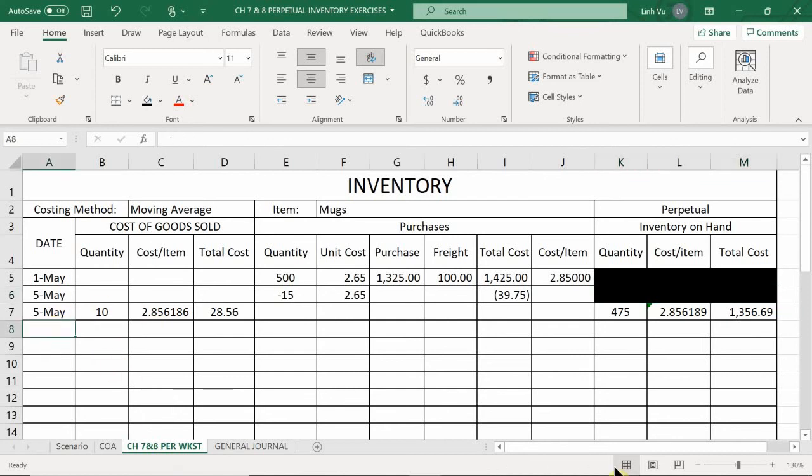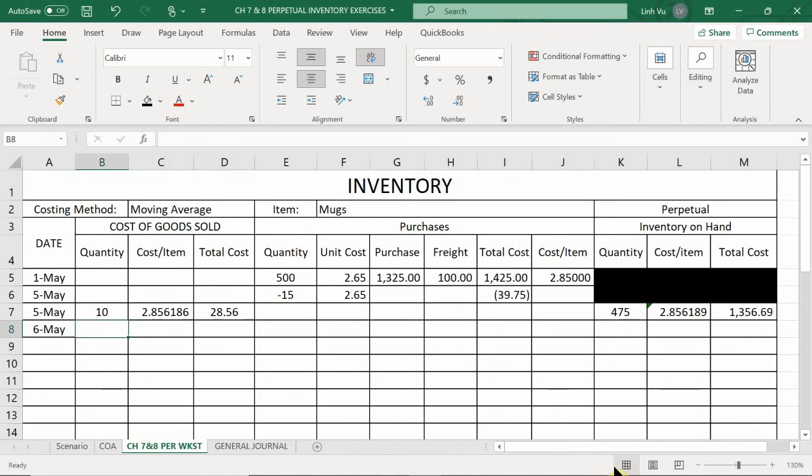Now let's calculate our cost of goods sold here. We are on May 6th. We sold coffee mugs. How many mugs did we sell?